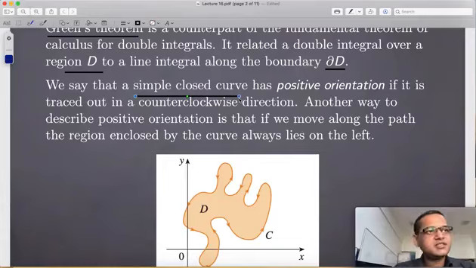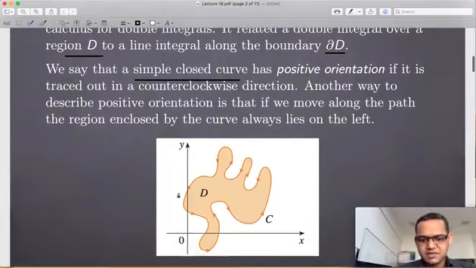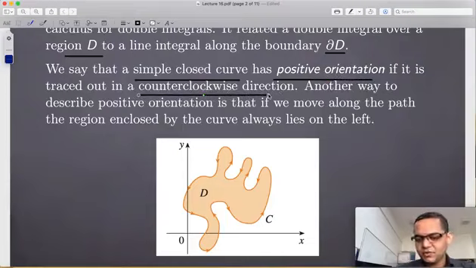These are the curves which meet at the end point and do not cross in the interior. So we say that a simple closed curve is positively oriented if you trace it out in a counterclockwise direction. What does it mean?